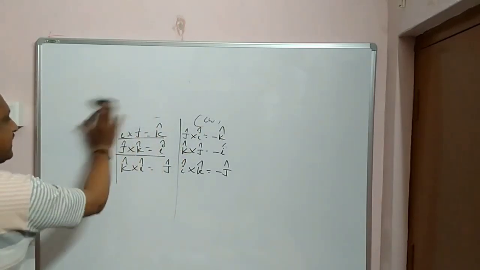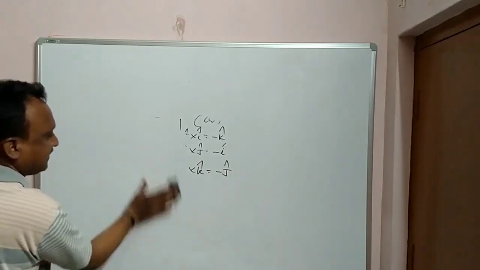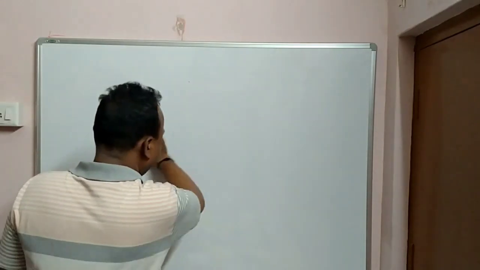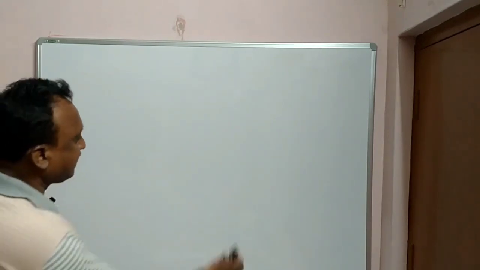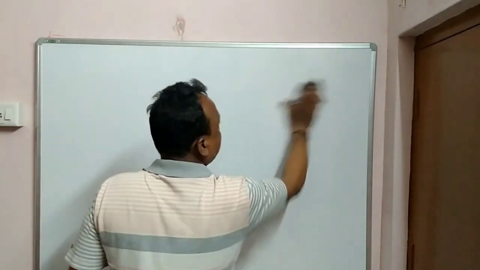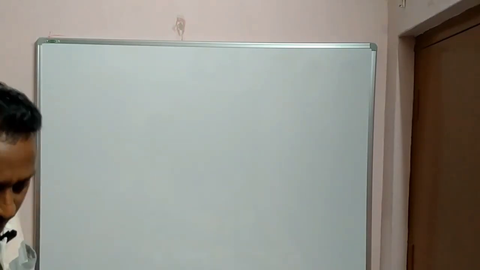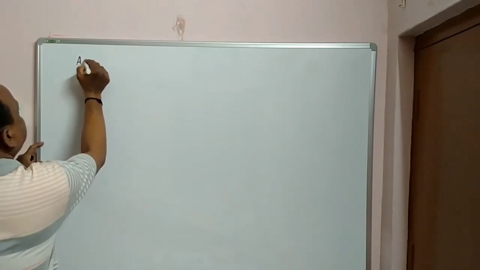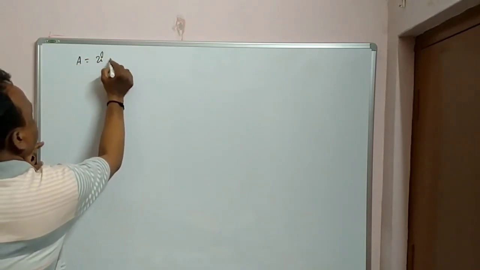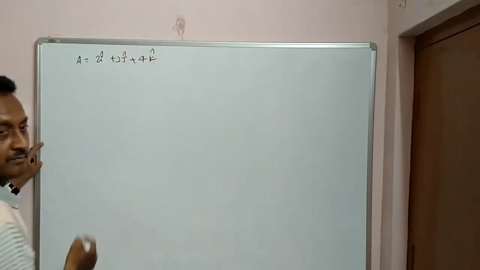Now, this cross product of vectors can also be represented in another form, a very easy method. In mathematics you will have a determinant form. See how I will write it in that form. For example, A vector is given by 2i cap plus 3j cap plus 4k cap.